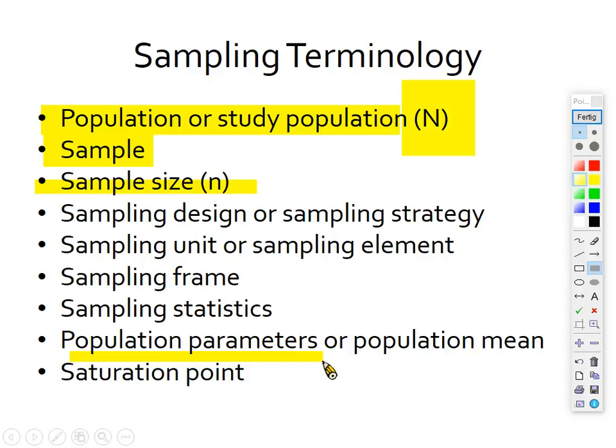So basically, we are using sampling statistics to estimate population parameters. So when we say parameters, it refers to a certain range, right? So even if it's not a precise number, okay?